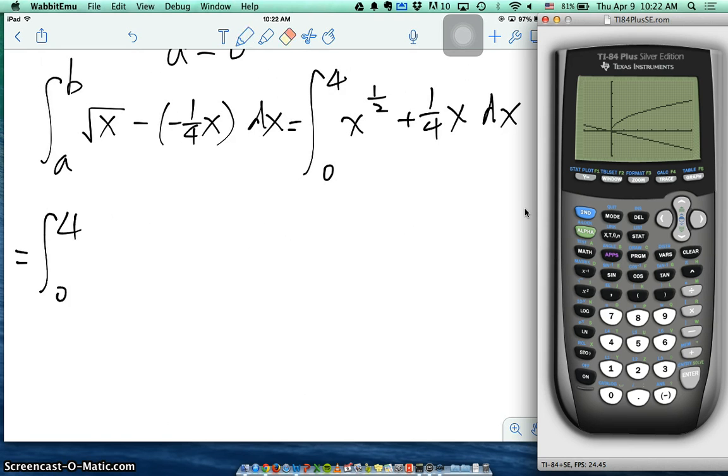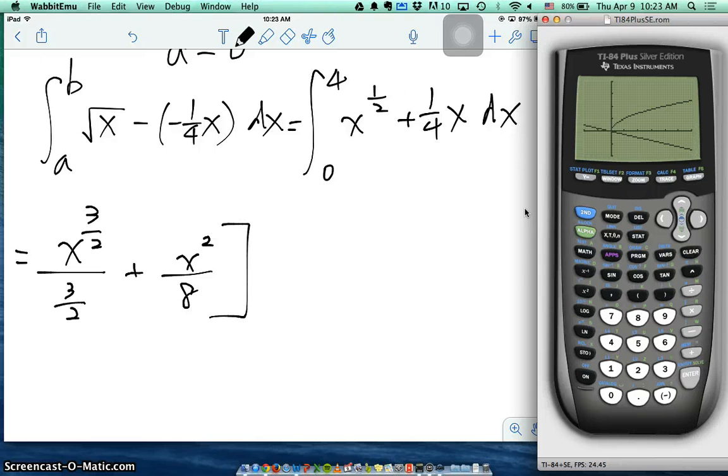Actually, I can just integrate the whole thing. So this one, the integral of x to the 1/2 is x to the 3/2 divided by 3/2, plus x squared divided by 8, everything from 0 to 4.